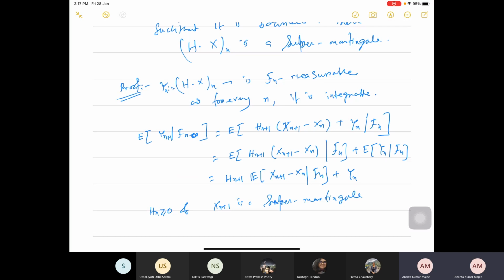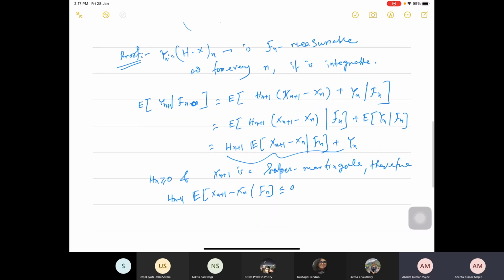Isn't it? Xn is bigger. So this part is negative. Therefore h of n plus 1 times the expectation of x of n plus 1 minus xn given F of n is negative.